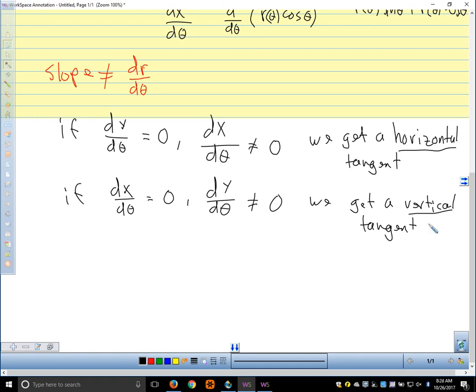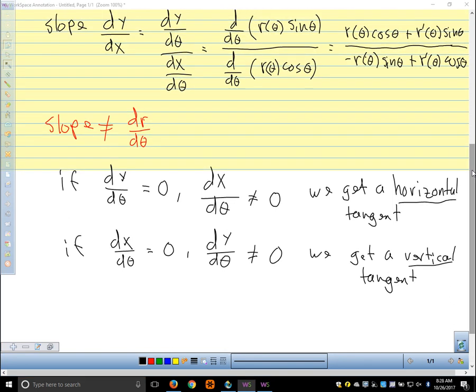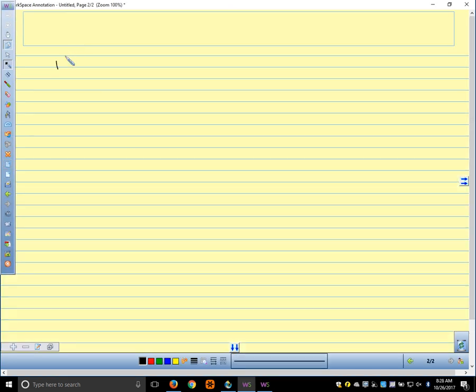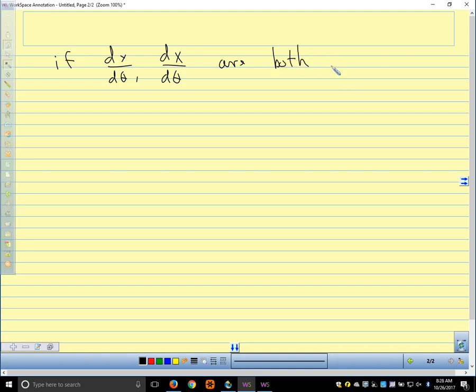All right, we're also interested in the tangent line at the pole. Well, if both of these are 0, dy d theta and dx d theta are both 0, we get an indeterminate form.